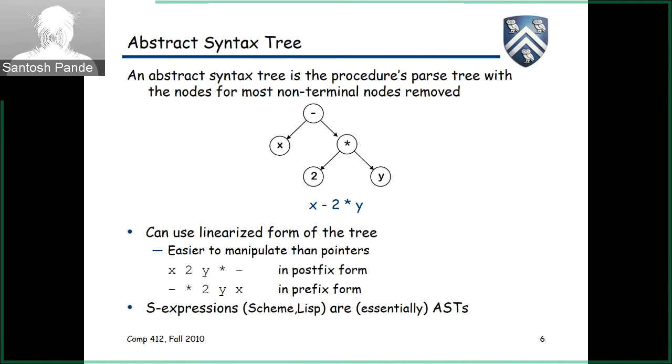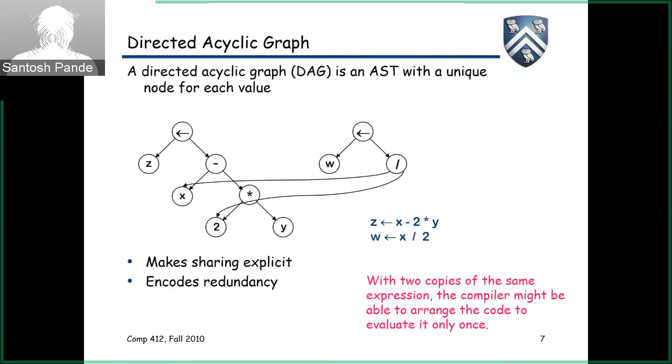But the other form, which is also there in certain compilers, allows you to even do some sharing across the ASTs instead of replicating the expressions. For example, given these two expressions on the right-hand side, you can see that certain operands are common to both of these. Although there is no common sub-expression between the two, the operands are common.